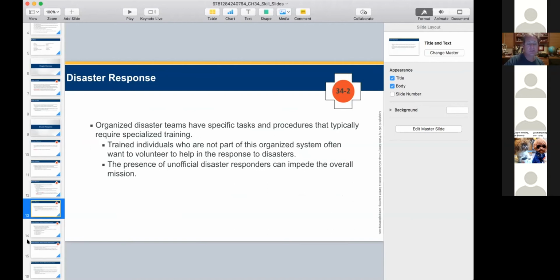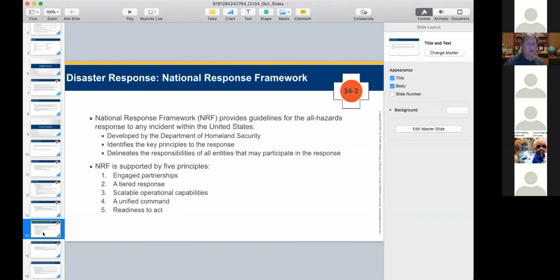Let's see, I'm really just trying to find things in here, guys, that are really important to you. The National Response Framework. I mean, you guys aren't going to be dealing with this. It's monitoring.